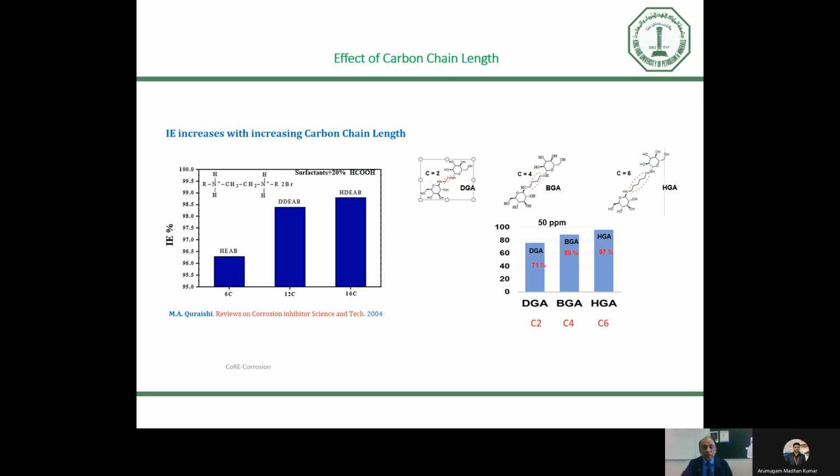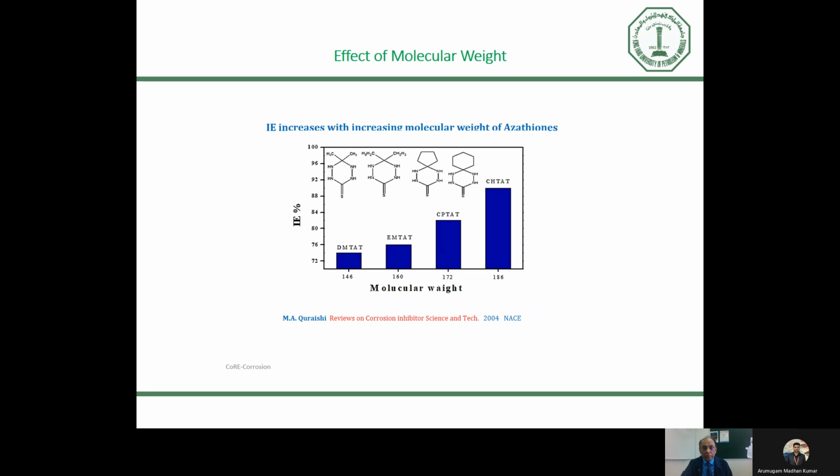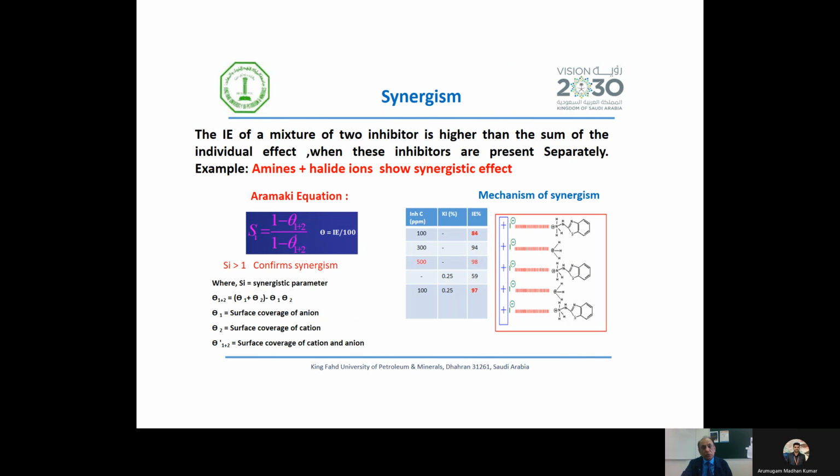Here you can see that glucose molecules with 6 carbon atoms have given the highest performance as compared to 2 carbon atoms. High molecular weight compounds are more effective than low molecular weight. This is also a very important thing: synergism, and this kind of synergism is used for increasing the performance of the inhibitor.